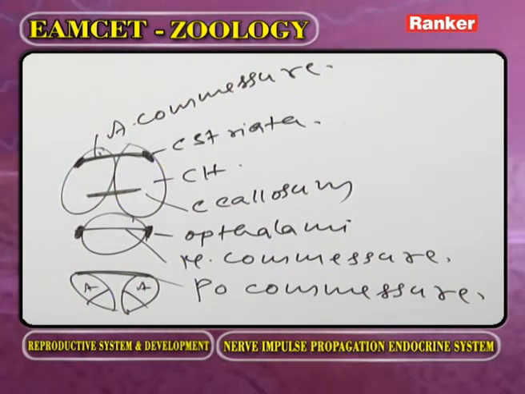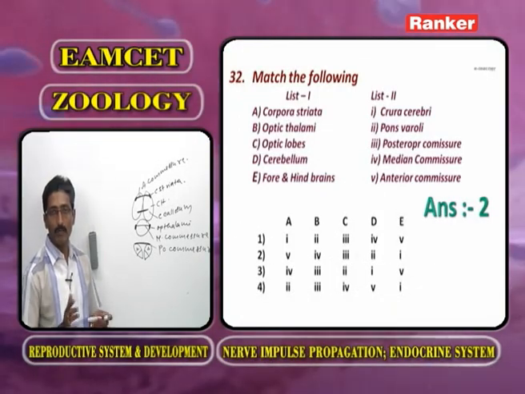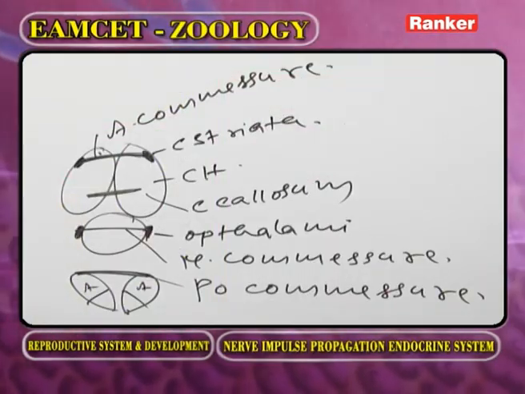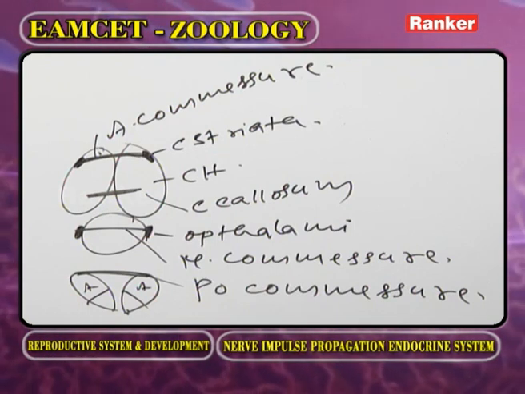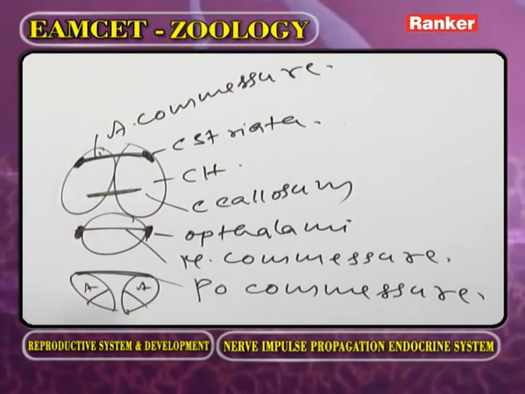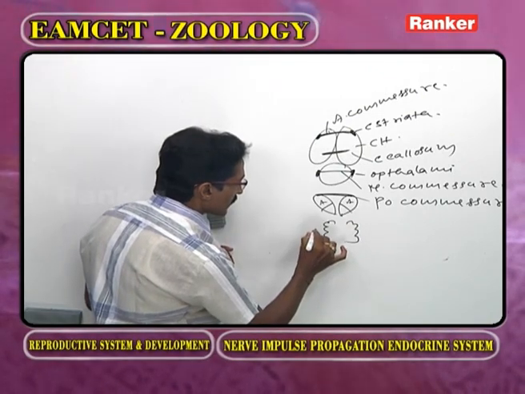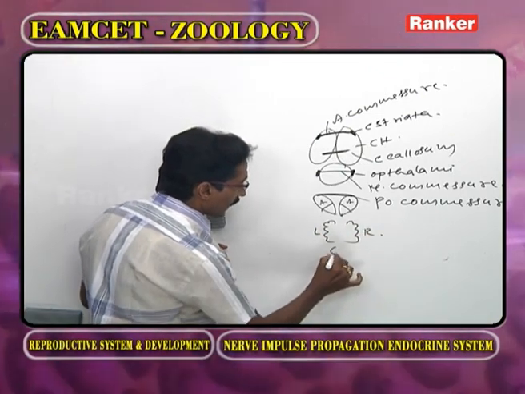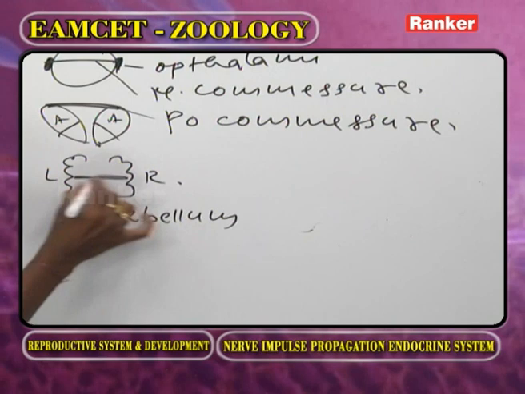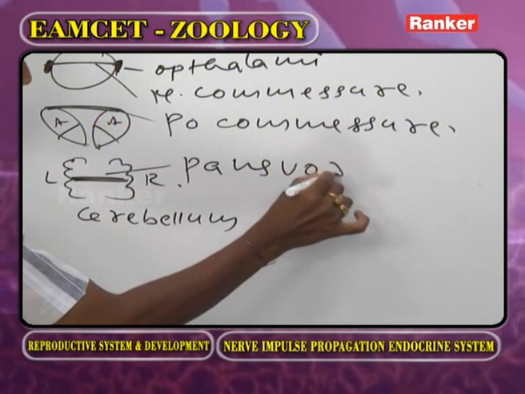So corpora striata are connected by the anterior commissure, optic thalami by the median commissure, and optic lobes by the posterior commissure. Now this part we call the cerebellum. This is the left part, right part, and this one we call the cerebellum. The right and left parts of the cerebellum are connected by the pons varolii.